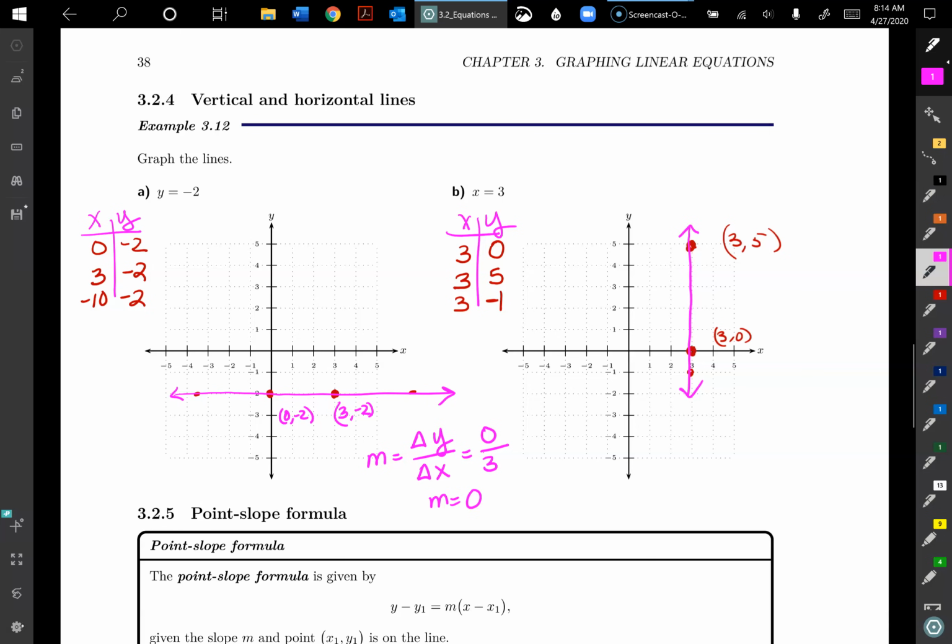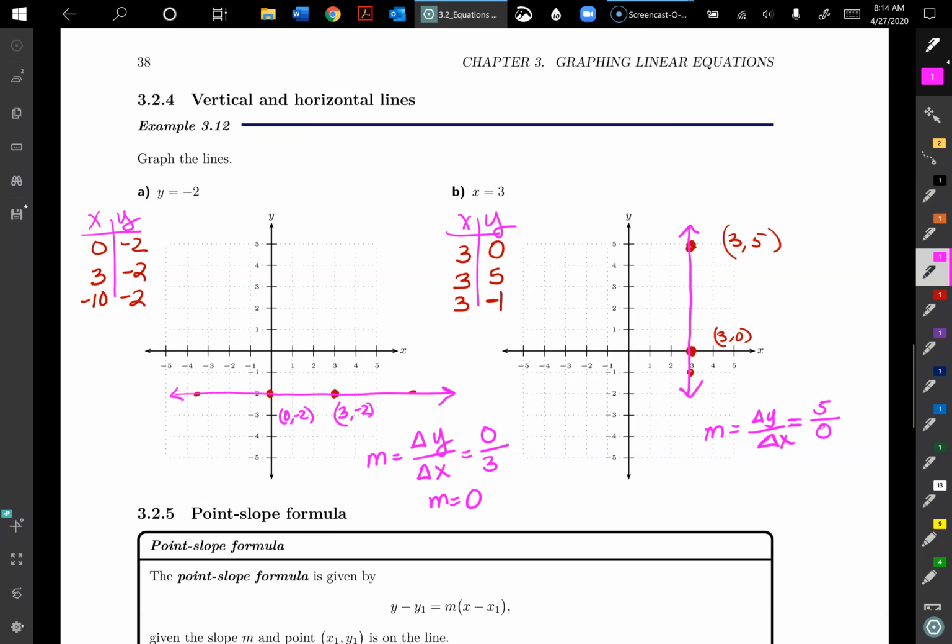And if I look at the slope, again being change in y over change in x, this time I have no horizontal change, but I do have a vertical change, and I can just pick any distance between these points. So I'm going to pick the 5, or it could be whatever, a million, over no horizontal change, which is 0.